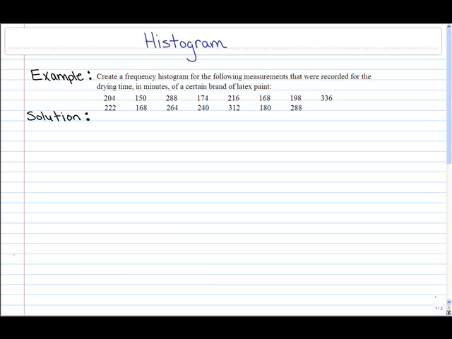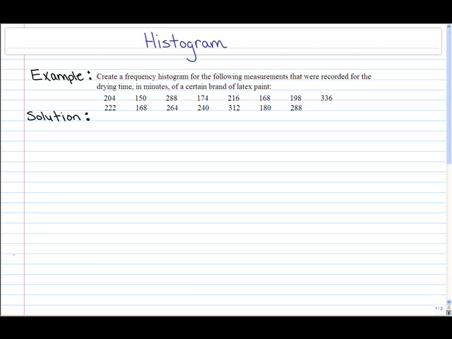Now remember, to create the frequency chart, what you're going to need is some class intervals. Now you'll notice here that your lowest value is 150, whereas your highest value seems to be 336. So you're going to have to choose an appropriate class interval or class width.